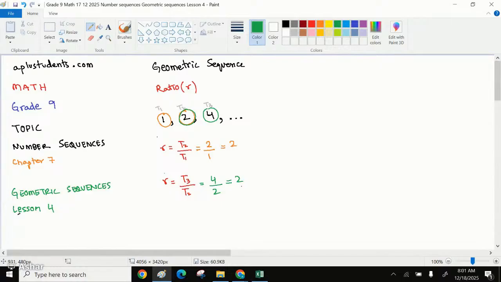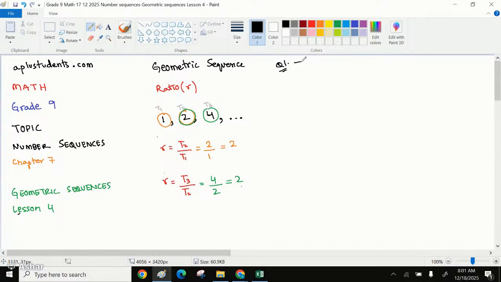So we need to find the ratio. A geometric sequence has a pattern. Ratio can also be known as the comparison of the change of each value, how much each value is changing. So let's look at the first question of the topic.